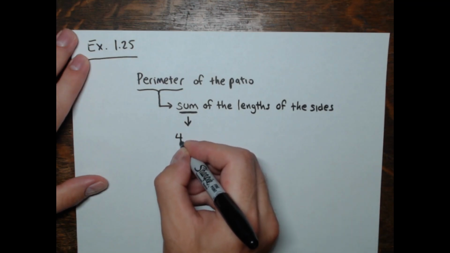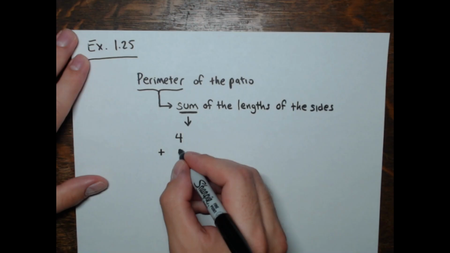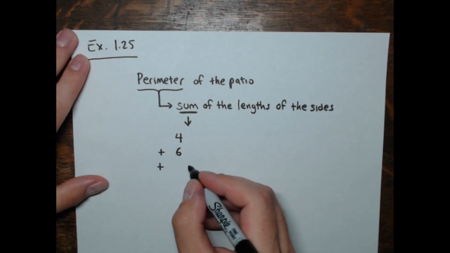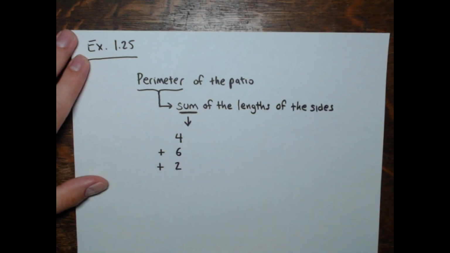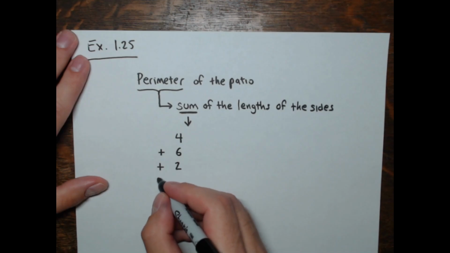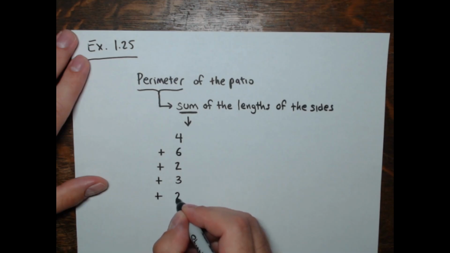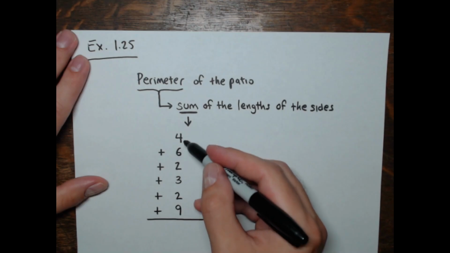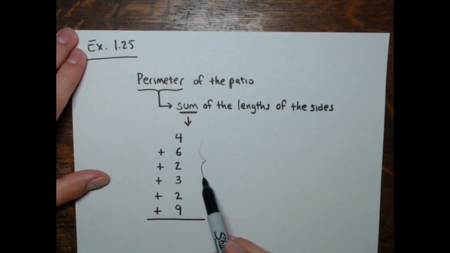We had that one length that was 4 feet plus, then the bottom length was 6 feet plus then the length with the little arrow pointing to it, again, I'm not going back to the picture, but there was a 2-foot length plus a 3-foot length plus another 2-foot length. And then finally that length on the top was 9 feet. Okay, so they all have the same units, right? All of these were in feet.